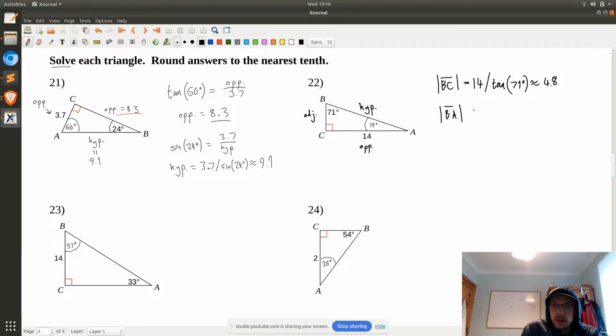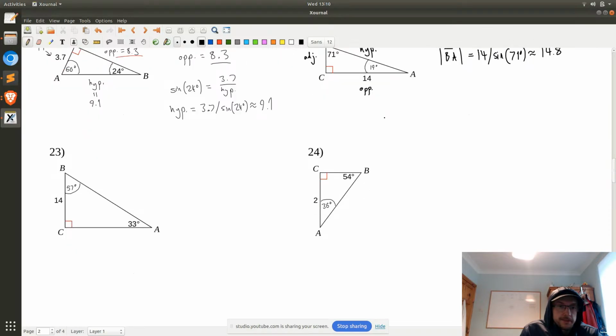So the hypotenuse is 14 over sine 71, which is 14.8. And those sound reasonable. So let's check. Okay, that's all correct.